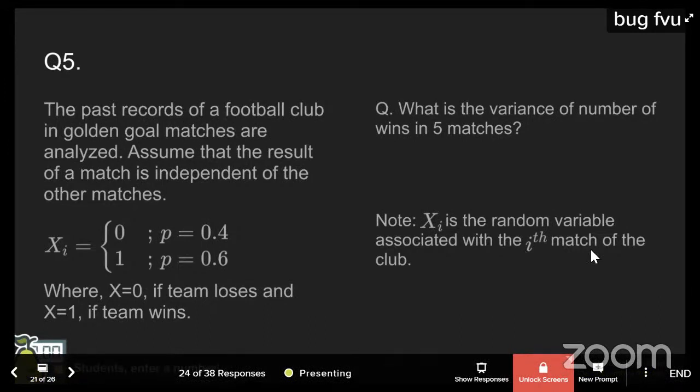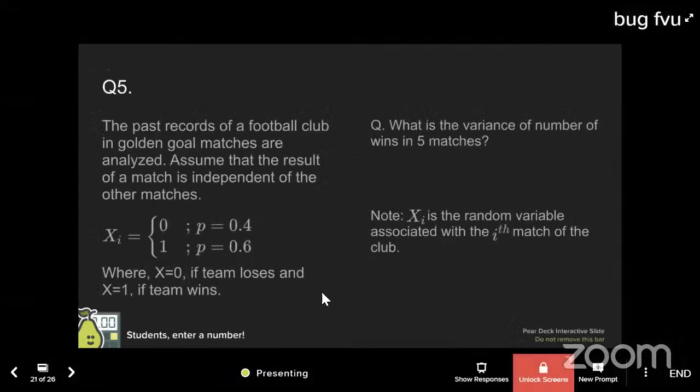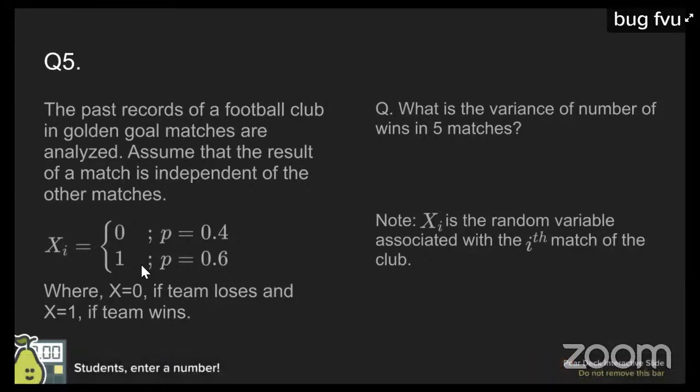In the solution we have written S, the number of matches won by the club in 5 matches. It is simply the sum of the results of 5 matches. If you win, you add 1. If you lose, you add 0. So you get the number of wins in the 5 matches by adding all these 5.